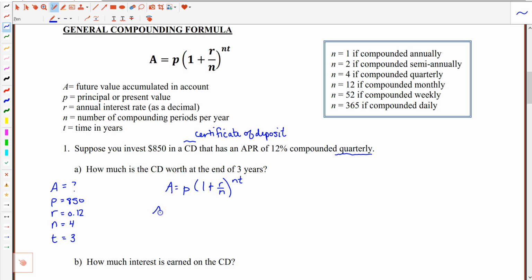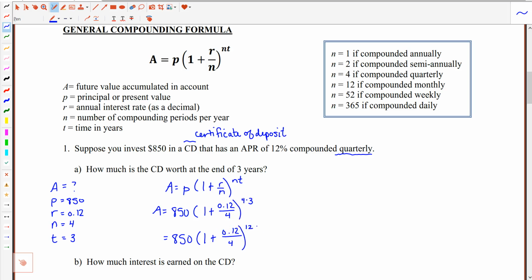So substituting those numbers into this formula, I would have 850, parentheses, 1 plus 0.12 divided by 4, raised to the power of 4 times 3. Now at this point in time, I'm going to key this whole thing into my calculator, but I would encourage you to go ahead and do that multiplication up there in the exponent. So 4 times 3 is 12.